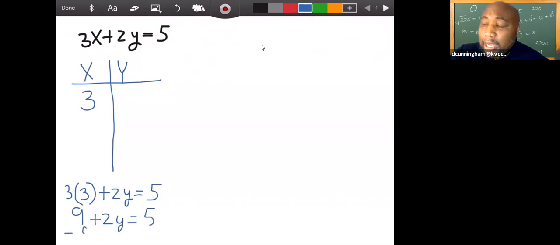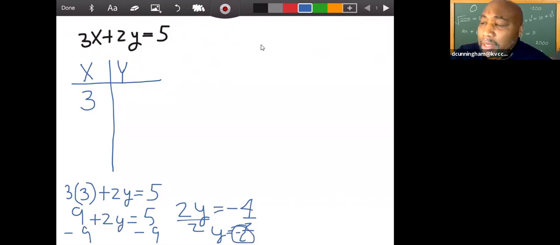Then we're going to subtract 9 on both sides. And then we end up with 2y is equal to a negative 4. Divide both sides by 2 to get y by itself. y is equal to a negative 2. So that means I've solved for y. y is equal to a negative 2.